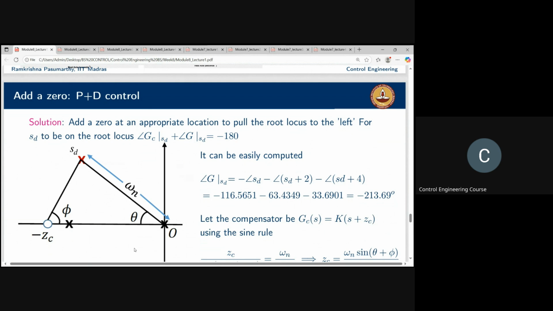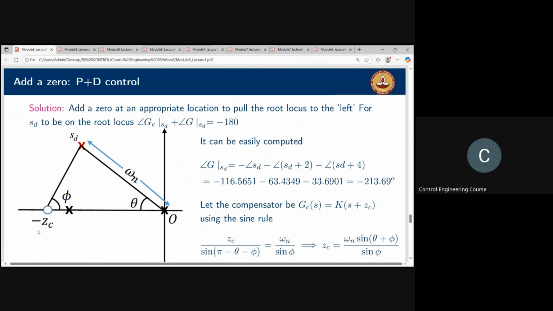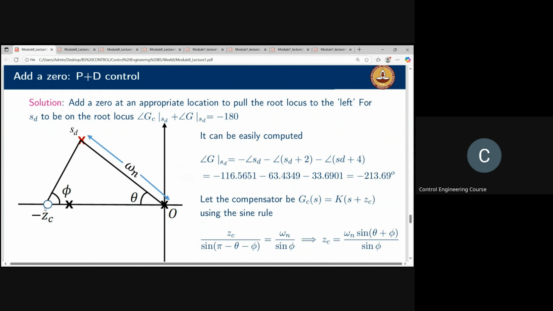That's the zero. So the zero will be somewhere on the negative x-axis. Call that minus ZC. So now what you have to do is choose ZC appropriately so that the root locus actually passes through SD for some value of K.